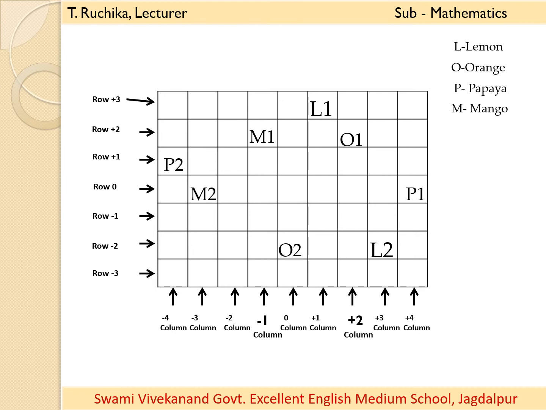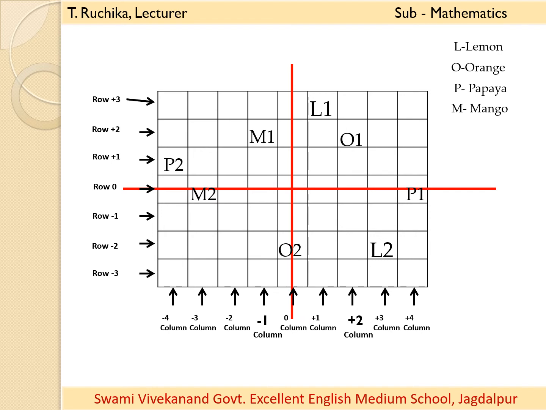Here L shows lemon tree, O is for orange tree, P is for papaya tree, and M is for mango tree. Now, the position of the plants is to be described in terms of rows and columns. For this, we'll divide the garden with two vertical and horizontal lines like this, as we have done in previous example.